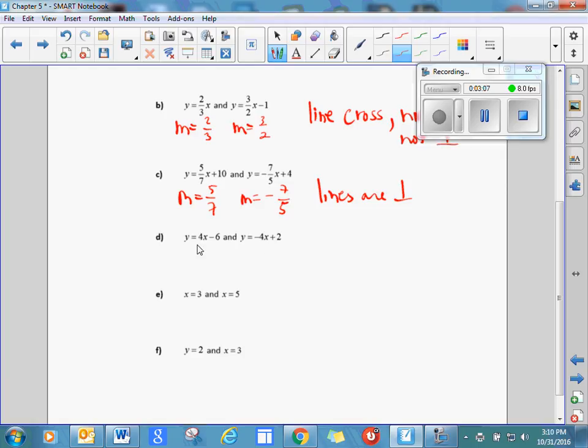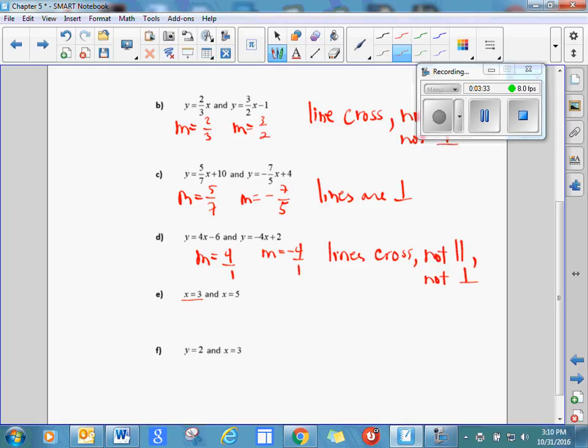Oh, that's still y equals mx plus b. So the slope is 4. Here the slope is negative 4. So they're opposites, but they're not opposite reciprocals, because this is 4 over 1 and this is negative 4 over 1. So these lines cross, however, not parallel, not perpendicular.